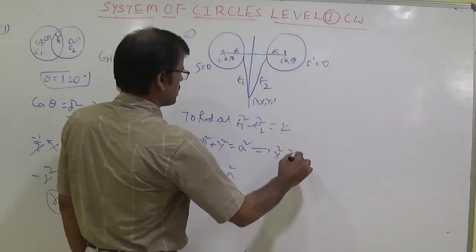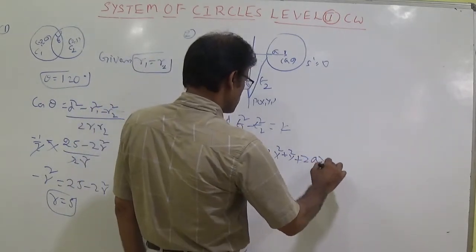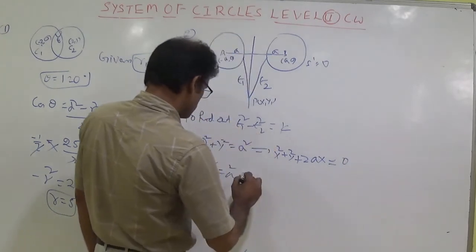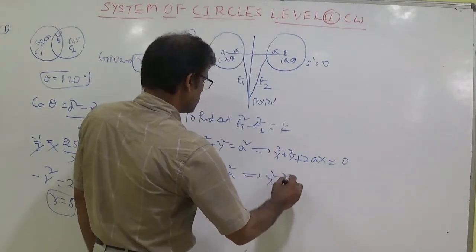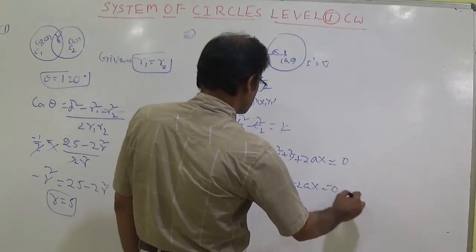By expanding, x² + y² + 2ax = 0. By expanding here, x² + y² - 2ax = 0.